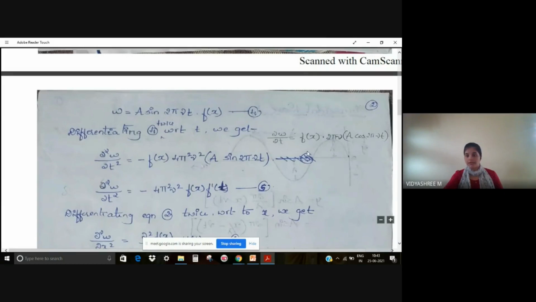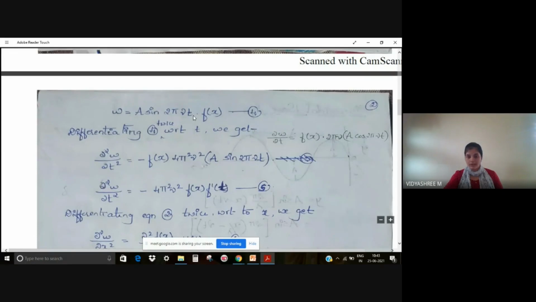Here I have written in pencil the single differentiation: del omega divided by del t, where f of x is constant and is written as such. Then a is also a constant. What we need to differentiate is sine 2 pi nu t.